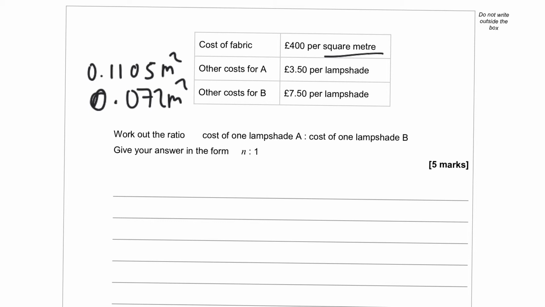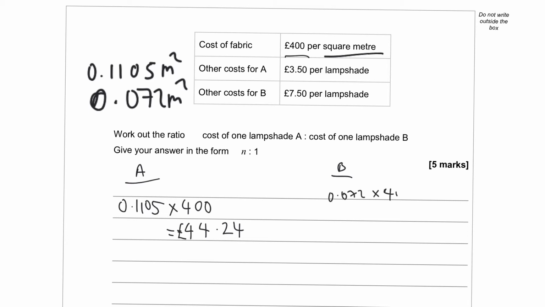So if we look at lampshade A, the cost is going to be the area times 400, since it's 400 per square meter. And that would give you an answer of 44.24 roughly. And then in terms of B, that would be 0.072 times 400.